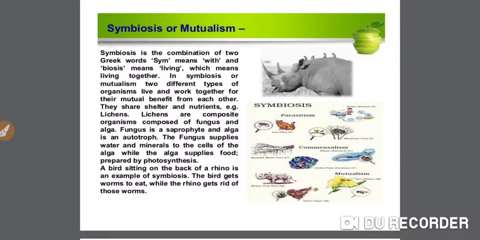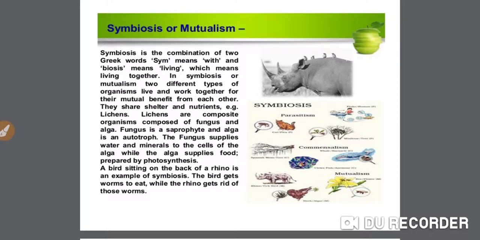For example, lichens. Lichens are composite organisms composed of fungus and algae. Fungus is a saprotroph and algae is an autotroph.